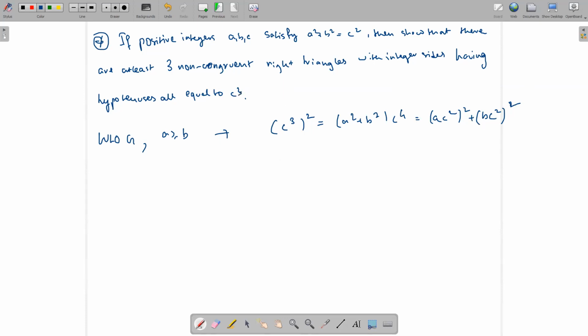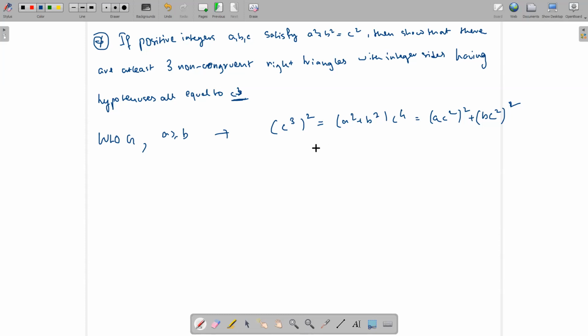Sorry, this would be c cubed. So this is one triangle using the hypotenuse. The hypotenuse was c cubed, not c squared. I wrote it wrongly previously. So that should be a power of 3. You will see why.